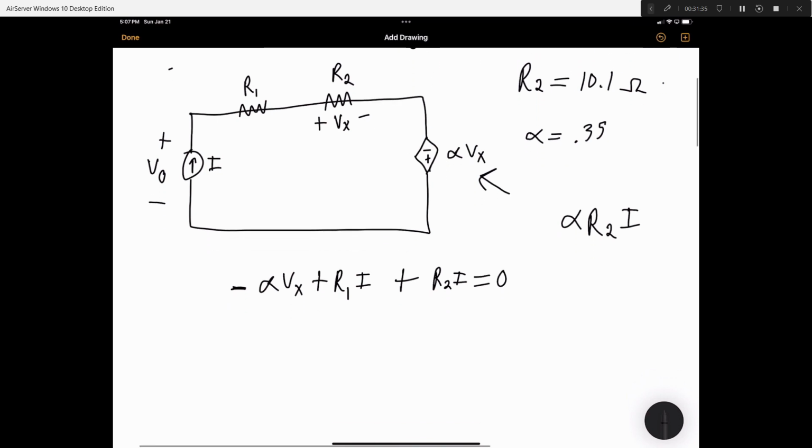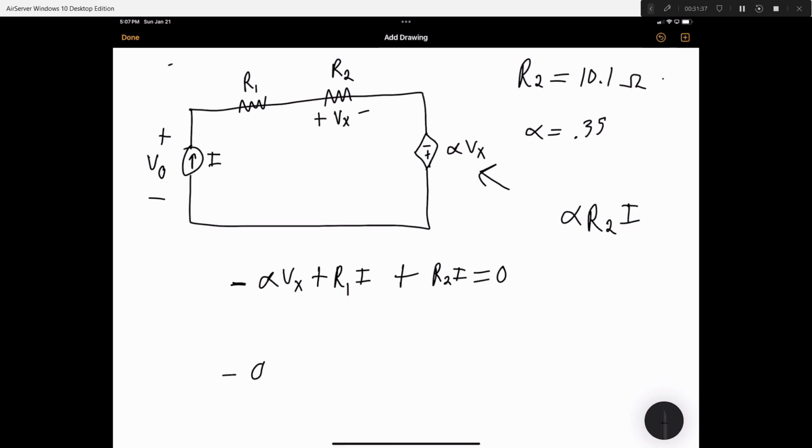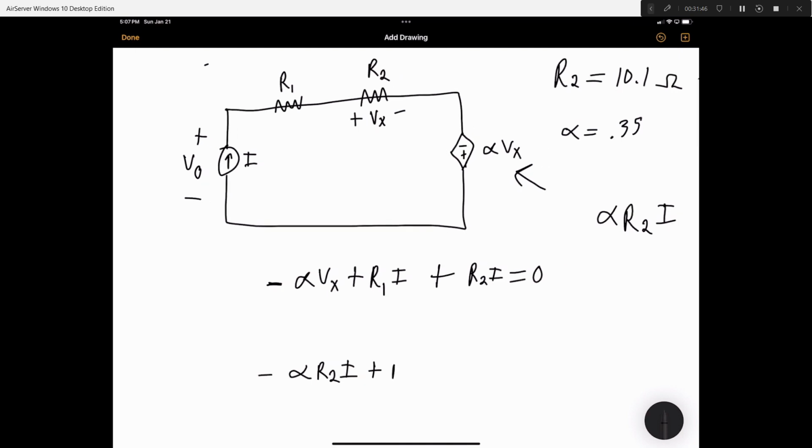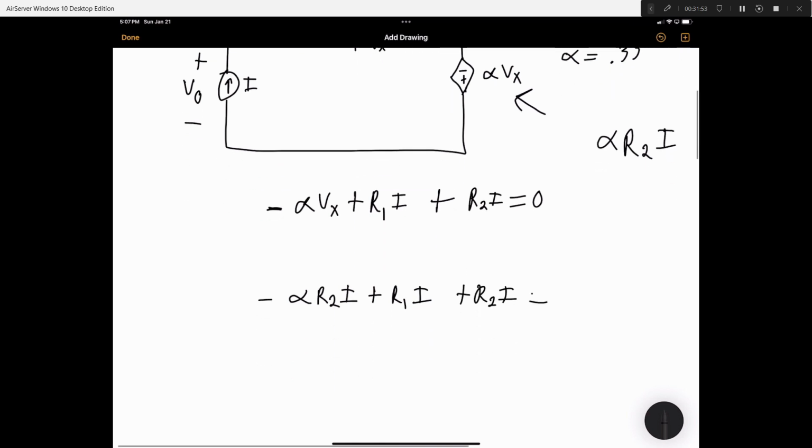So we have negative alpha R2 I plus R1 I plus R2 I equals 0.